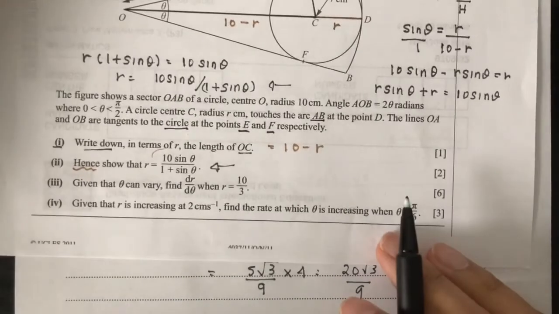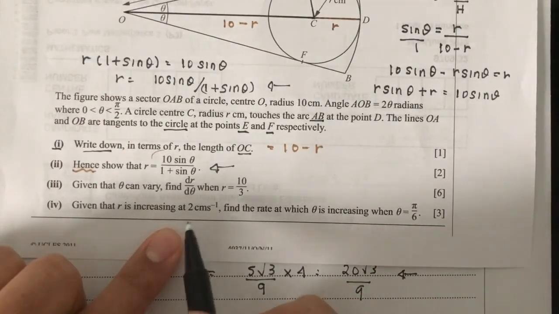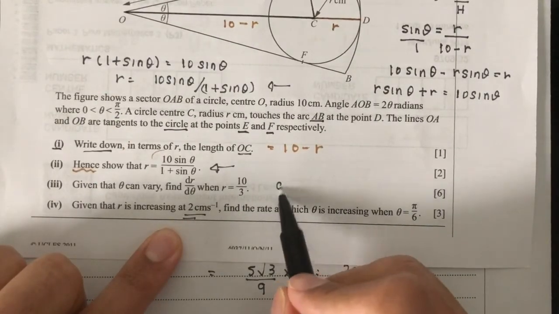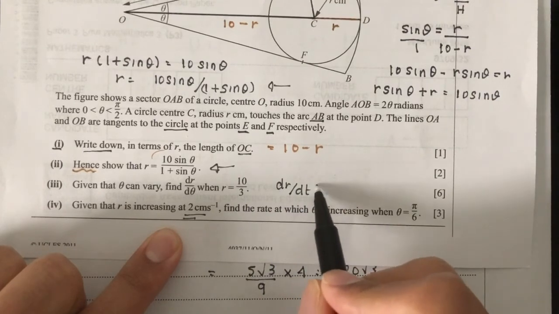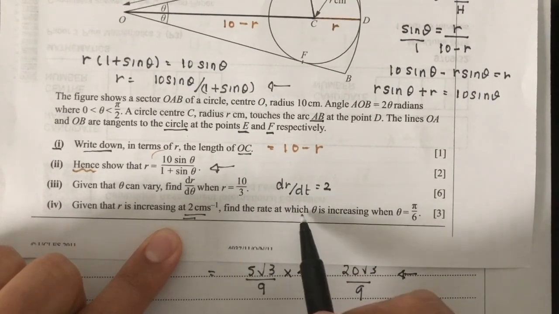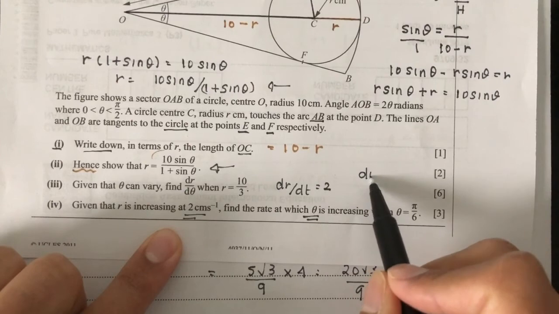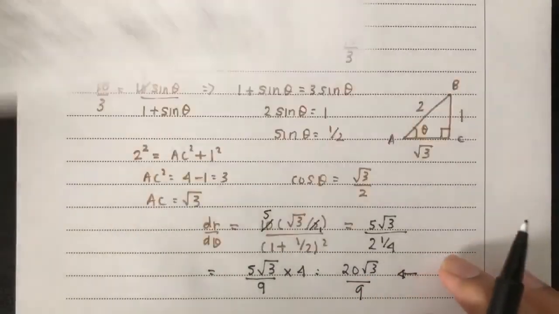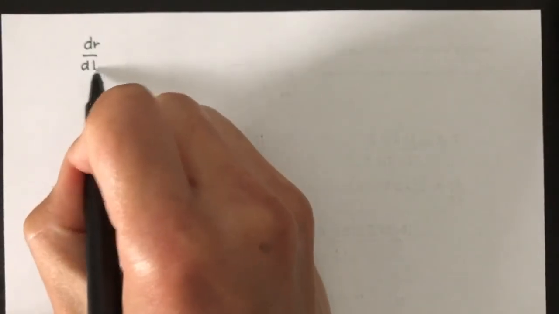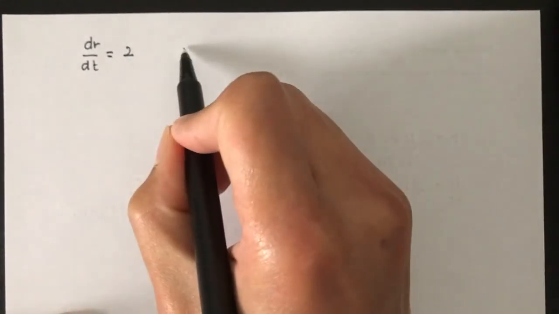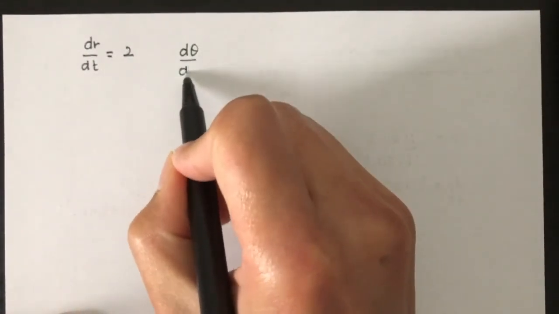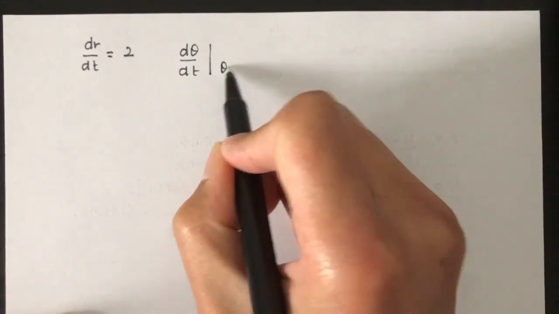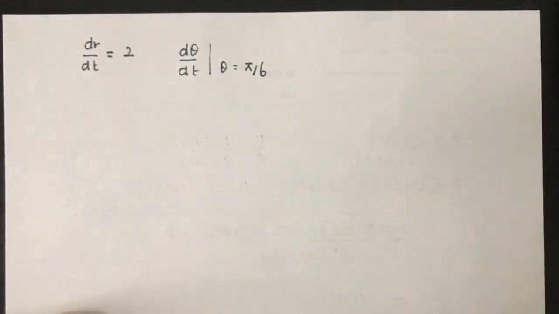Now the last one is given that r is increasing at this rate, which is given dr by dt is 2, find the rate at which theta changes when theta equals pi by 6. So we have to form an equation here. Given that dr by dt is equal to 2, we have to find d theta by dt when theta is pi by 6.